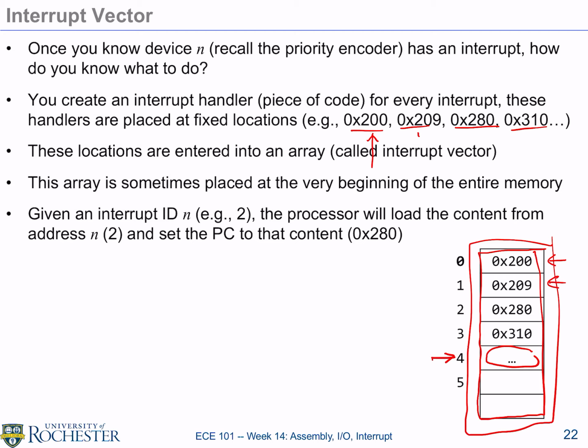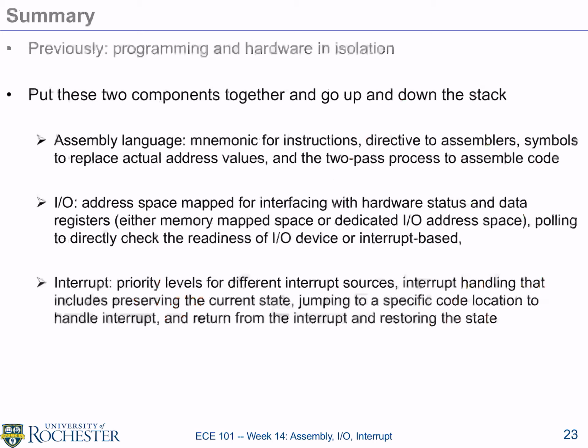So the job for the hardware is very easy. If I have interrupt 4, I will go to memory location 4, grab that address, and jump to the location to handle it. So that's really how hardware or I/O devices are being managed by the CPU.